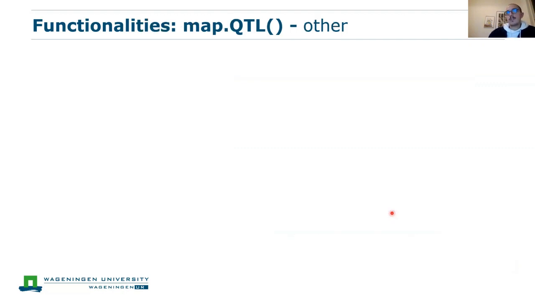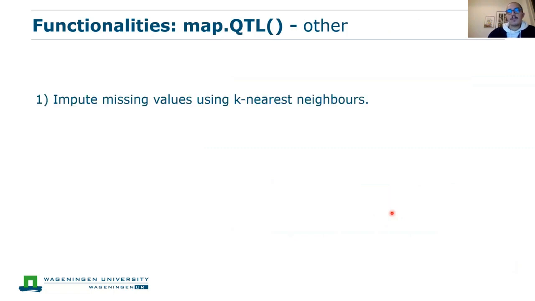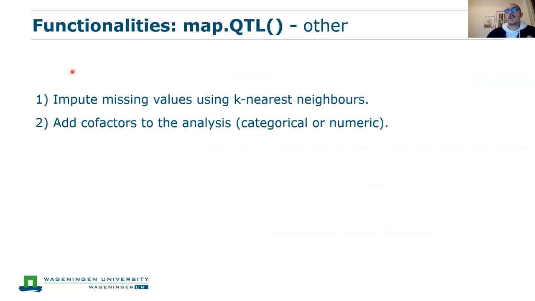There are other functionalities to map-QTL, which I don't think I should cover right now because it would be a bit long. Basically, you can impute missing values using a very simple imputation if you have missing values in your genotypes. You can add cofactors, either categorical or numeric. If you're interested in this, have a look at the vignette.